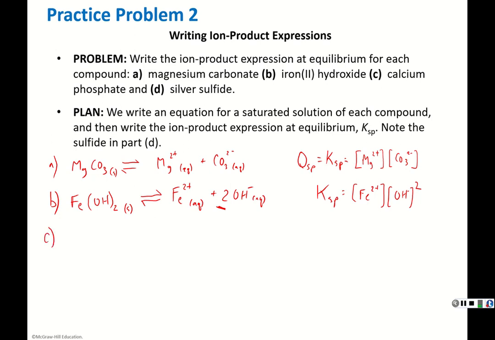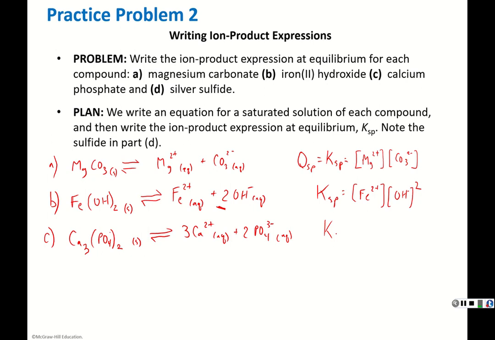C, we have calcium phosphate. Now this gets a little bit tricky. Calcium is a +2 charge. Phosphate, PO4, has a 3 minus charge. So we have a 3 minus and a +2. To balance this, we need 3 calciums and 2 phosphates. So we're going to get 3 Ca2+ when it's dissolved, and we'll get 2 PO4 3- phosphate ions aqueous.